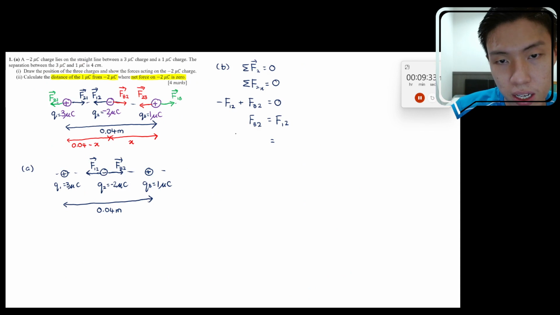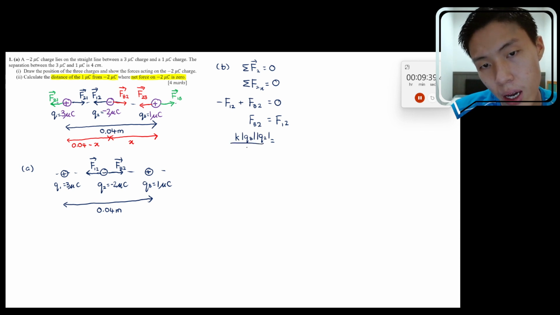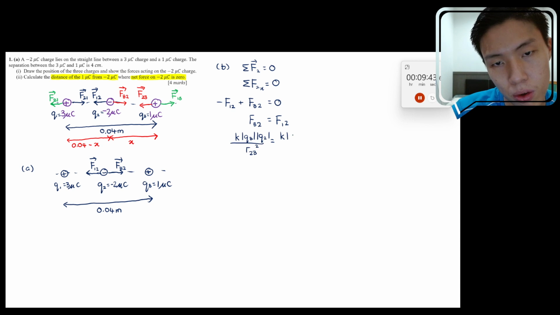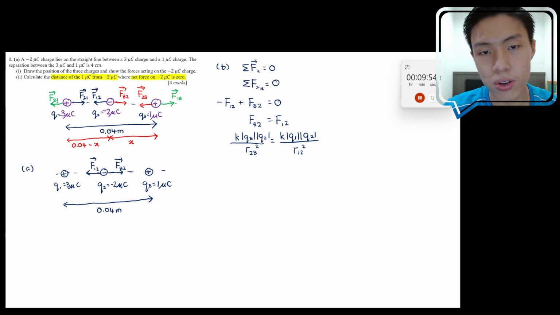Okay, so I can call it as K modulus Q3 modulus Q2 divided by R23 squared, equals K modulus Q1 modulus Q2 divided by R12 squared. Okay, so I believe you can see that some things can be crossed out over here.